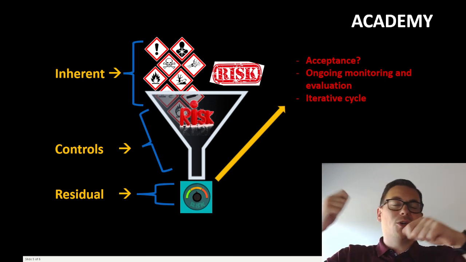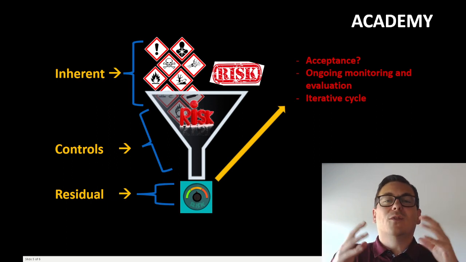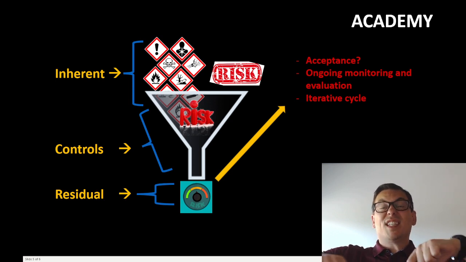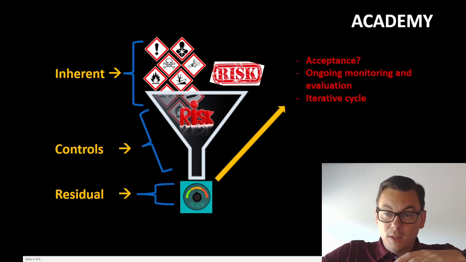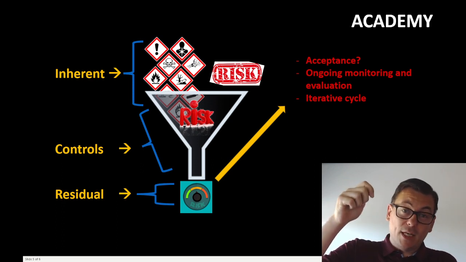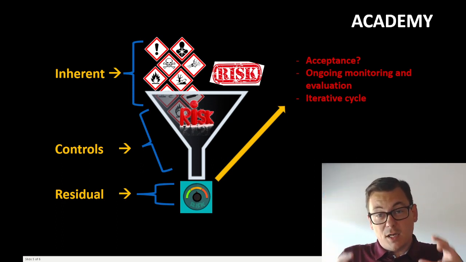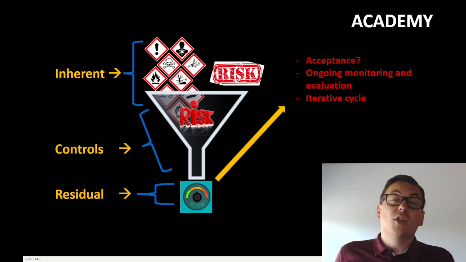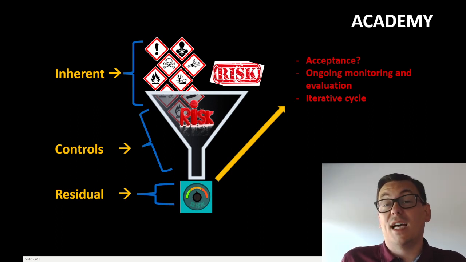Risk is an ongoing thing. Nothing really stops being risky. So thereby we go into this iterative circle of monitoring, evaluating our residual risk, going back, looking at the inherent risk, analyzing our controls, to see if these are the best mitigating measures to secure a residual risk that is equal to our tolerance level.